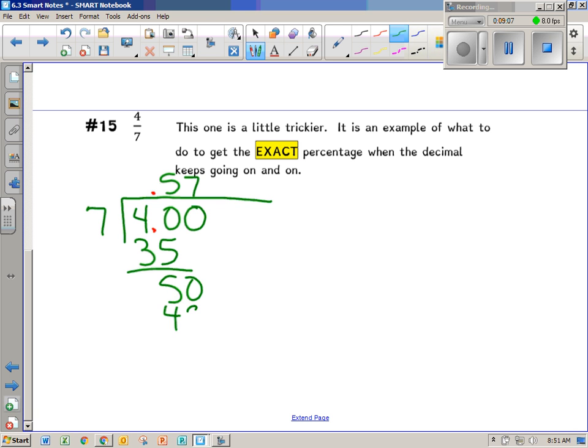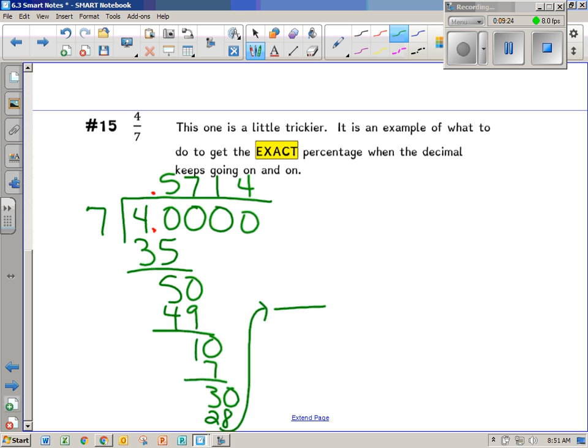That's 49. Add another 0. 7 into 10 goes once. 7 into 30, 4. That gives me a 2. Bring down, so add another 0. 7 into 20 is going to go twice.